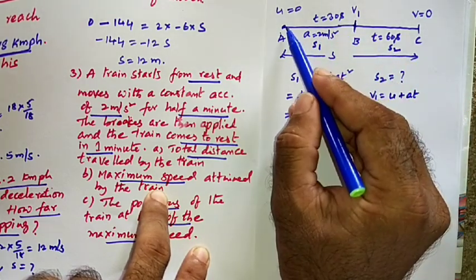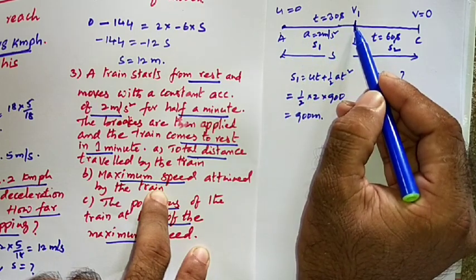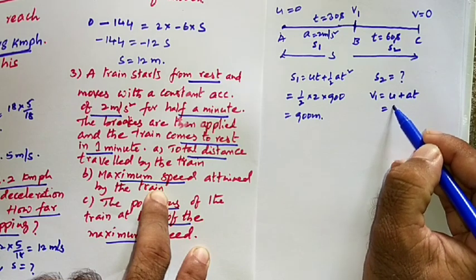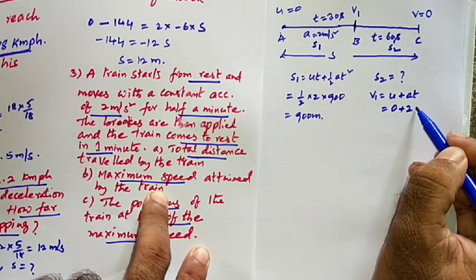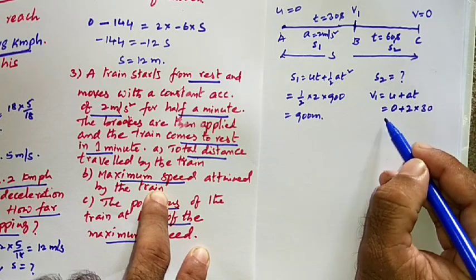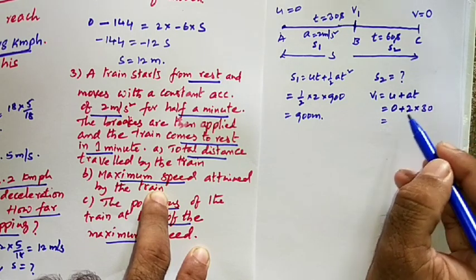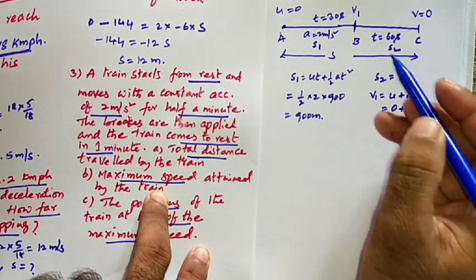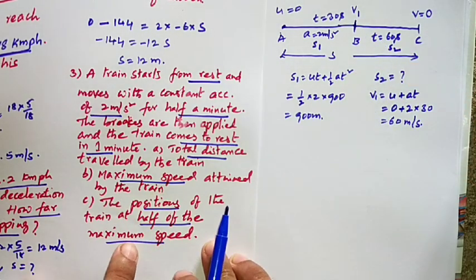That means the final velocity of the first part we are going to calculate. That is U is 0 plus A is 2 into T is 30 seconds. That is 60 meters per second. This is the maximum speed attained by the body.